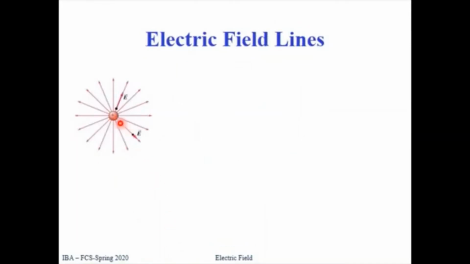Whenever we have a positive charge, the lines of force evolve from the positive charge in the outward direction. So the direction of the electric field can be found through these lines of force.